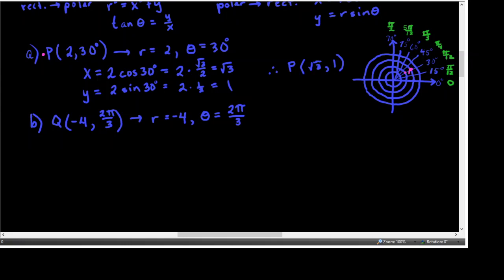Let's do the next one in this greenish color, so you can see what I mean by the negative R, because you can have a negative R here. Okay, so I'm not going to draw all of the lines, so I'm going to say that 2 pi over 3 is somewhere about right there.